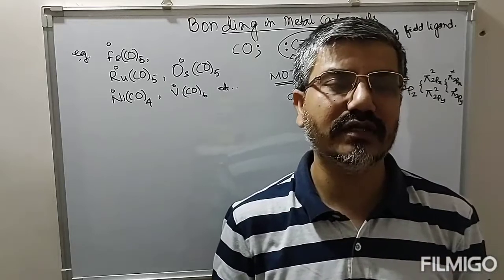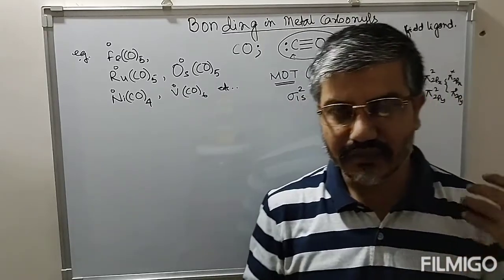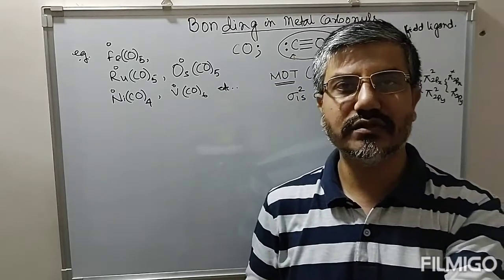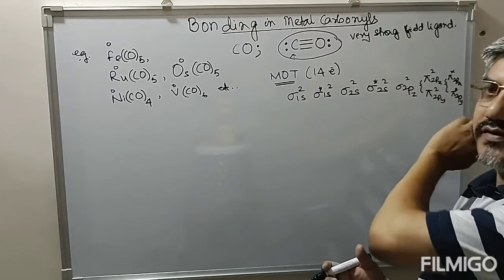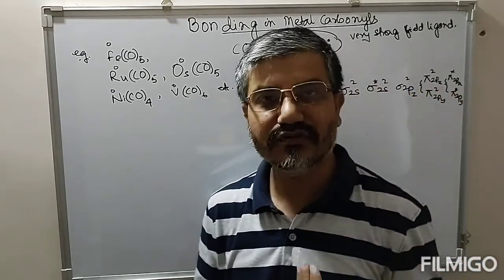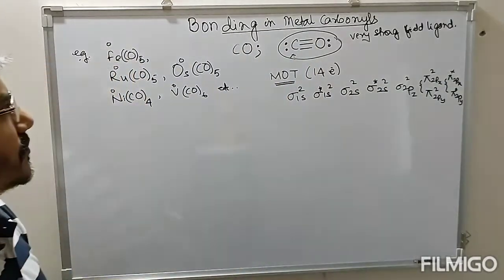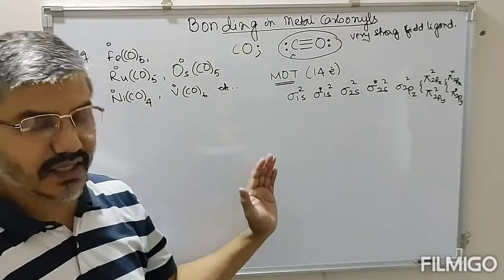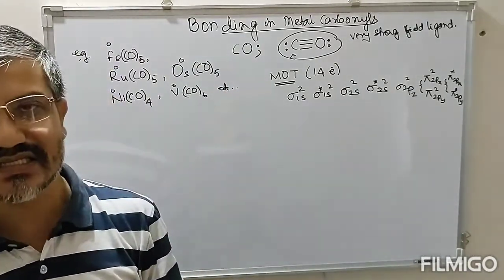On the other hand, the metal in metal carbonyl is in zero oxidation state, so we have lots of electrons in the d orbitals of the metal. These electrons can be back donated to the vacant antibonding orbital of carbon monoxide. As a result, there is a tendency for formation of a pi bond. So in metal carbonyls, the ligand acts as a base as well as an acid.